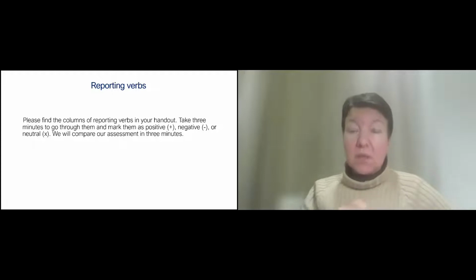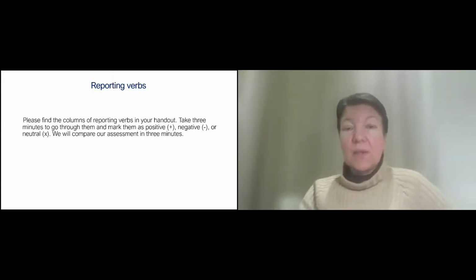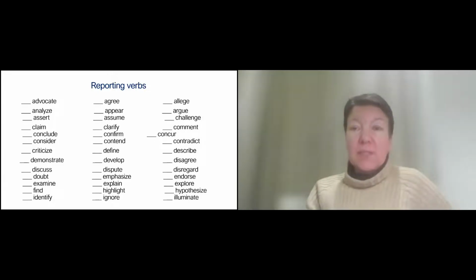And please put a plus for positive, a minus for negative, or an X for a neutral type of verb. And then we'll go through them together. Okay, so it should look something like that. There should be a list of verbs and there are little places before them for this plus, minus, or X.